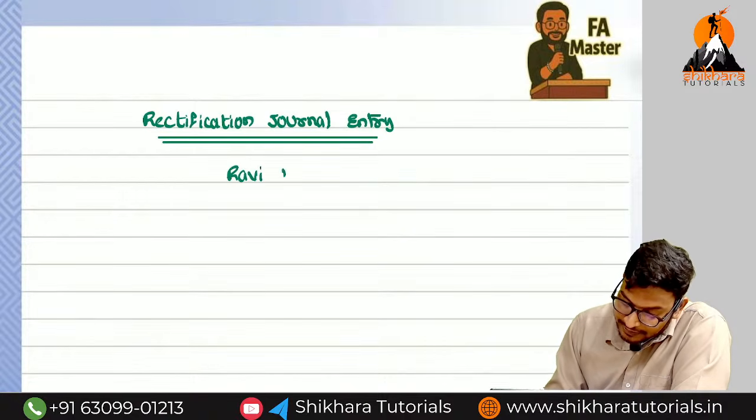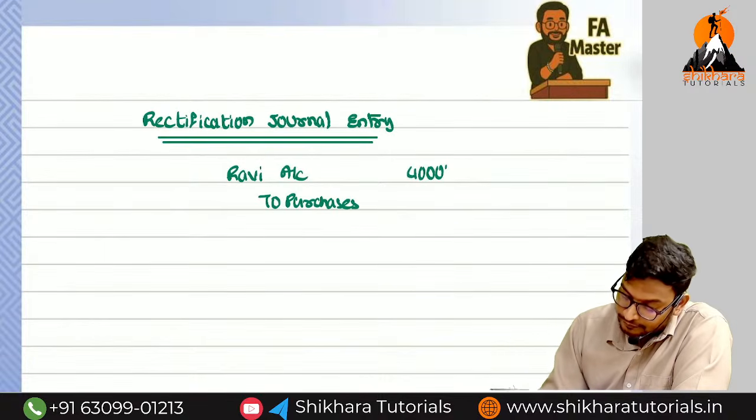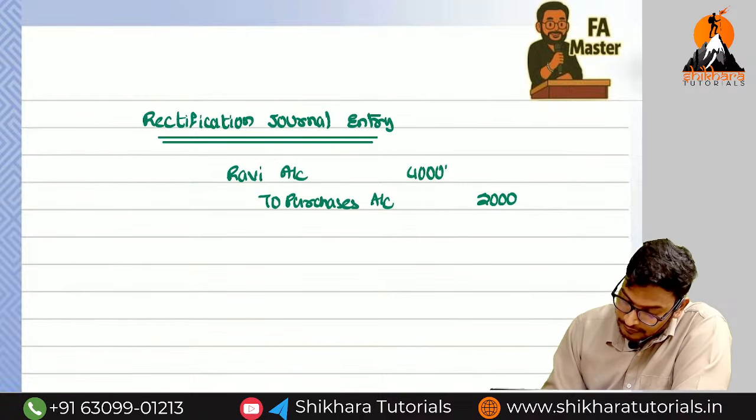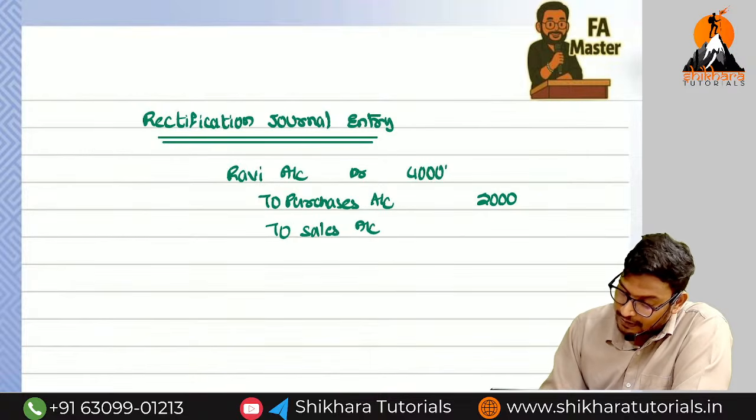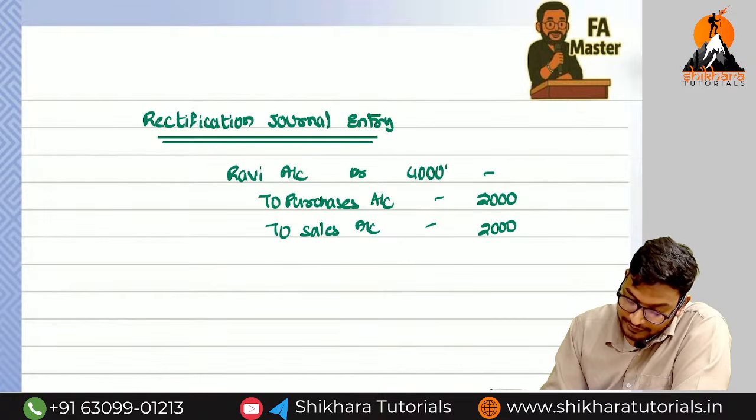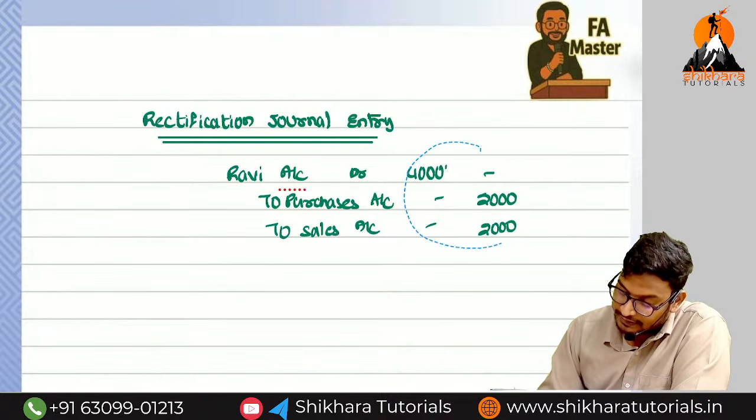Ravi should be debited with 4,000, double the amount, to purchases, how much? 2,000. To sales account, how much? 2,000. So this is the entry we need to record. So this is the rectification entry.